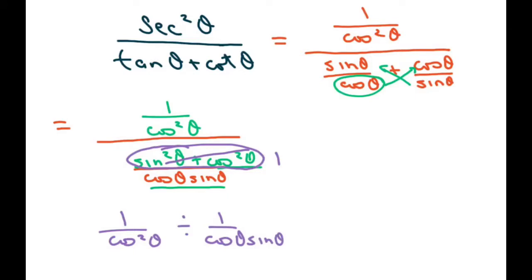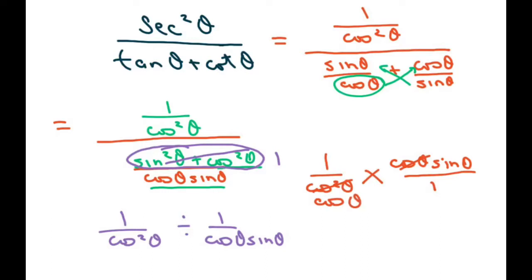And so that's the same as 1 over cosine squared, and then you change the sign and flip the second part. Alright, and then cosine goes into cosine squared once, so we have cosine of theta here, and now we have sine over cosine left, which equals tangent again.